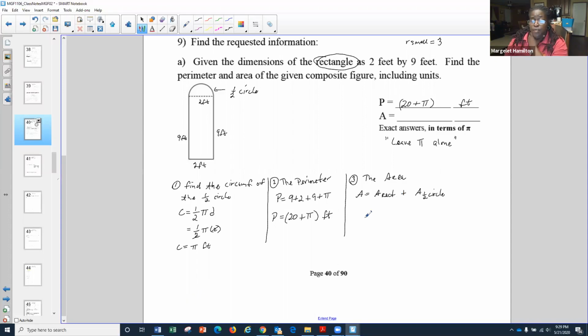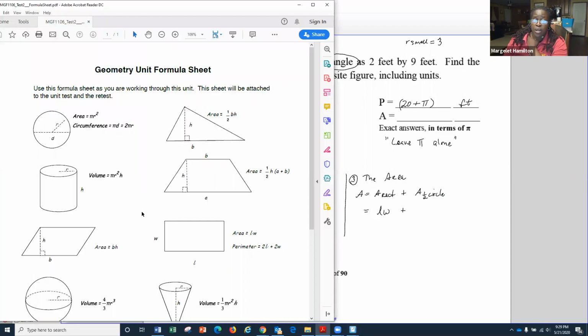So we know the area of a rectangle, put it in there. Area of a rectangle, we know is length times width. The area of a circle, remember we only need half of it. So area of a circle is, now remember, if you don't remember, you got your formula sheet, but we did it up at the top.